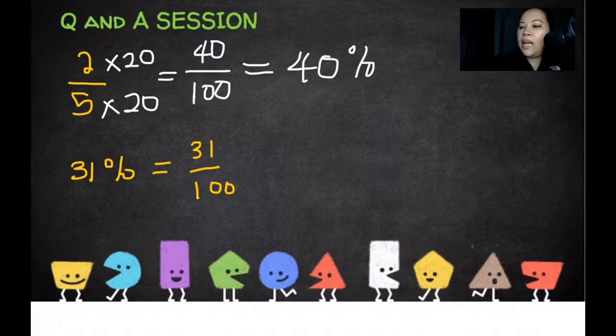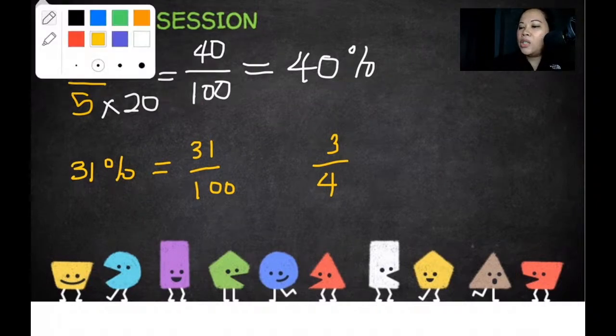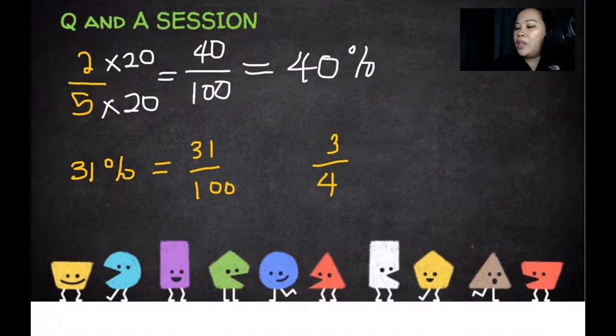Last example, let's say you have 3/4. What do you need to multiply 4 by to make it 100? You have to multiply by 25.